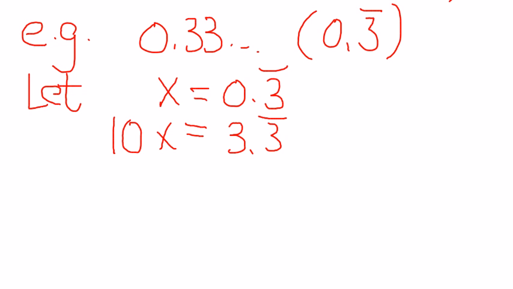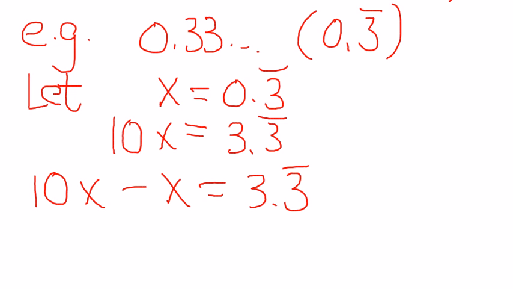So now you take a subtraction of these two numbers. What can you get? 10x minus x now equals 3.33333 and so on, minus 0.33333 and so on. So now the amazing fact is that on the right side, the repeating pattern cancelled out, so we get only 3 on the right side.